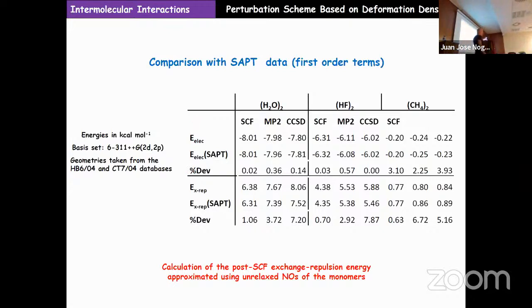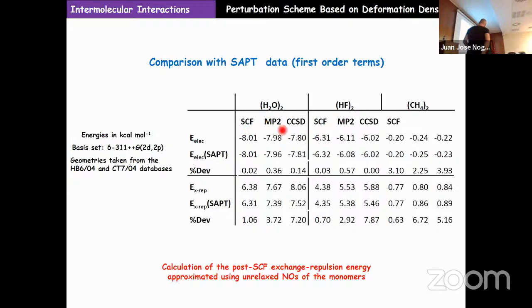The most delicate term is, of course, the Pauli repulsion energy. We compare the electrostatic and exchange repulsion terms of the Pauli energy between our scheme and the SAPT scheme, using exactly the same levels: Hartree-Fock, SAPT Hartree-Fock, SCF, MP2, and coupled cluster, with the same geometries.